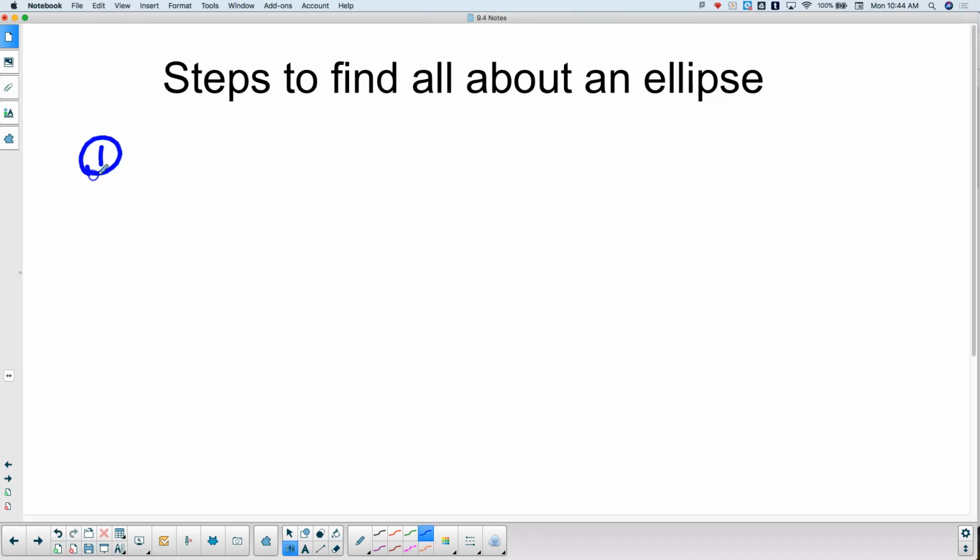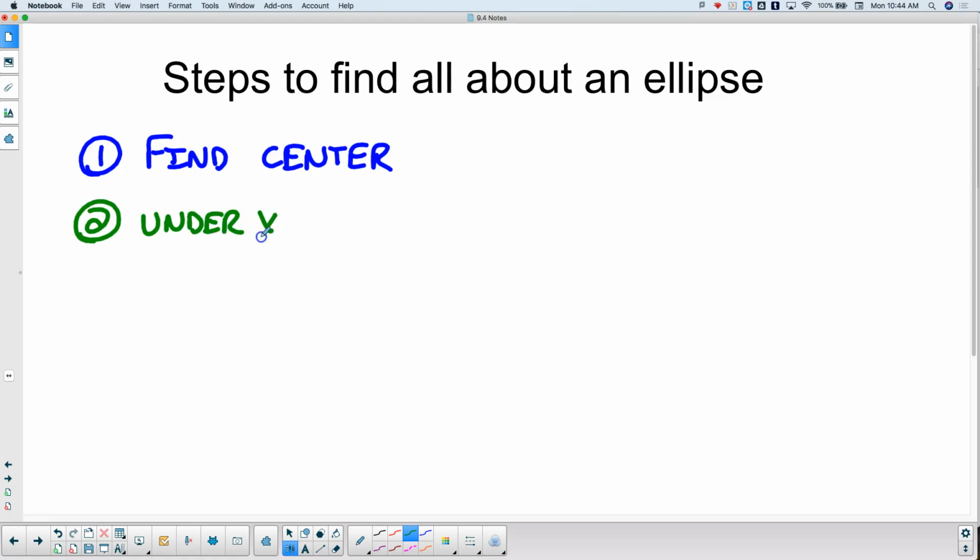So first step, we're going to find our center. We've been finding those for a while. Second step, we're going to look under our x squared. We're going to take the square root of that, and that is going to be left and right from the center.